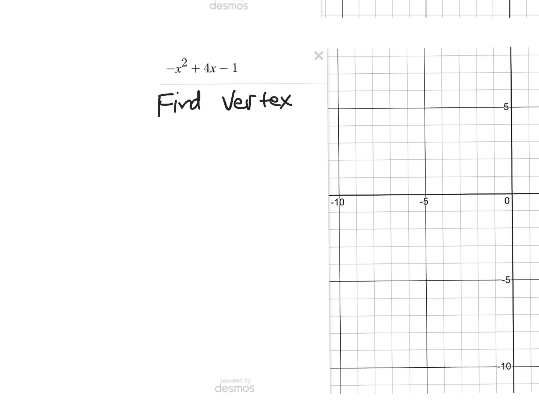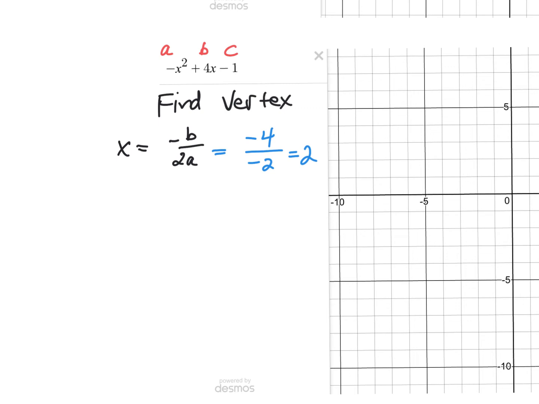To find the x of our vertex, I use this equation, negative b over 2a. You might be asking, what's a, b, and c? Well, those are just the coefficients in standard form. So if I use this quick formula, opposite of b over 2a, in this case, I will get the opposite of positive 4 divided by 2 times negative 1.